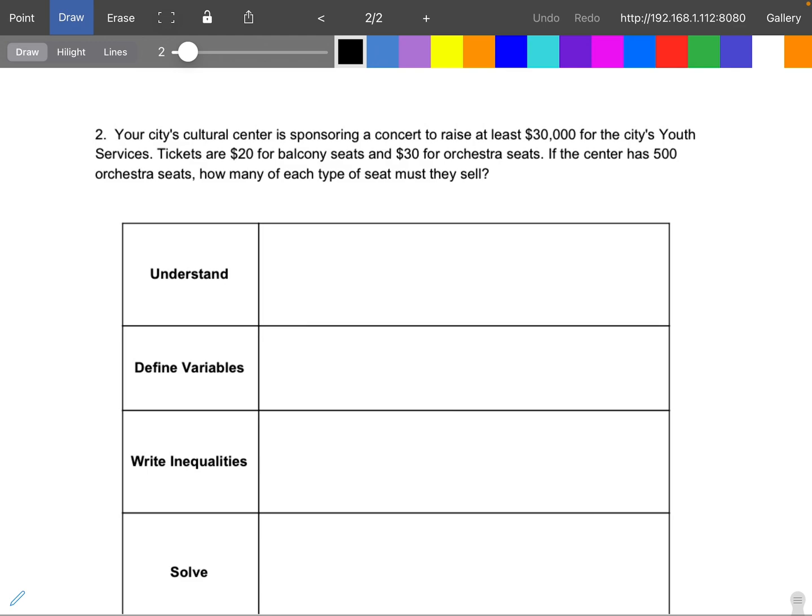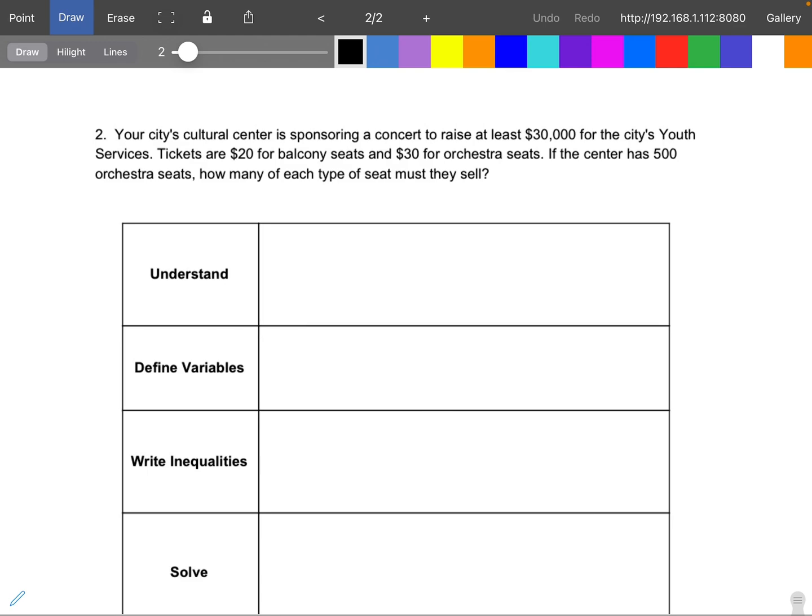So at least means we want to raise $30,000 or more. More would be fine, but we do not want to raise less because we want to have enough money for these kids. So it says tickets are $20 for balcony seats and $30 for orchestra seats. If the center has 500 orchestra seats, how many of each type of seat must they sell?